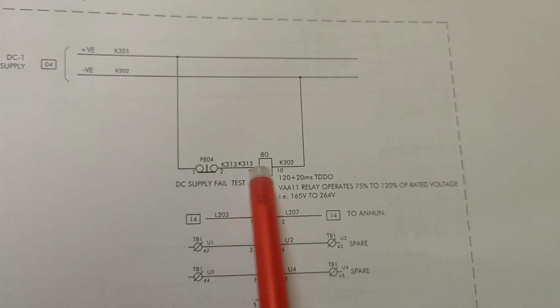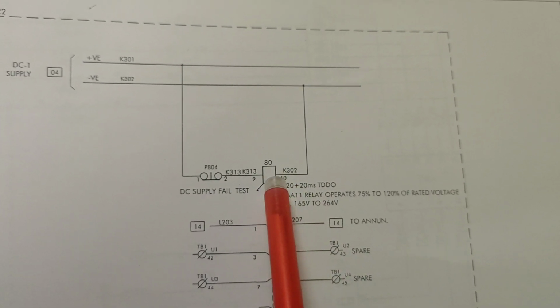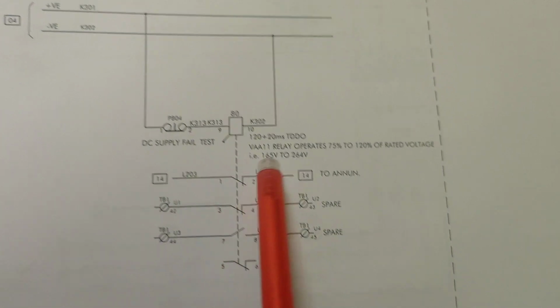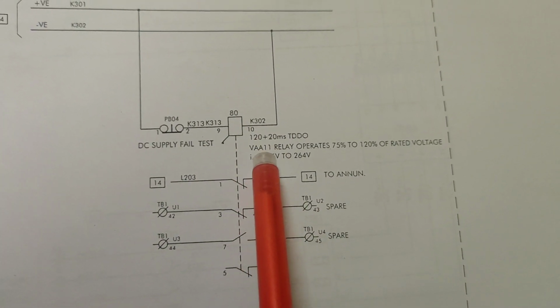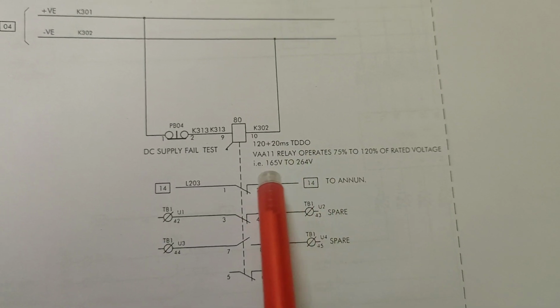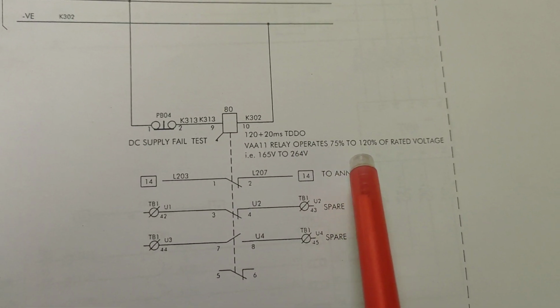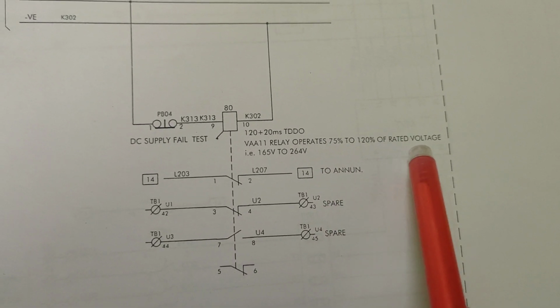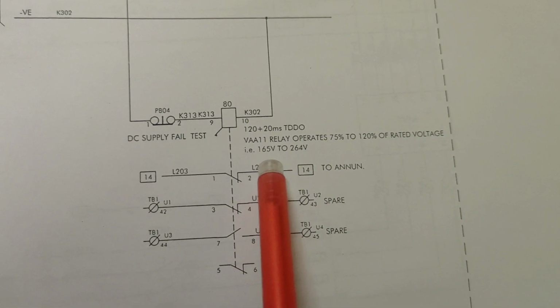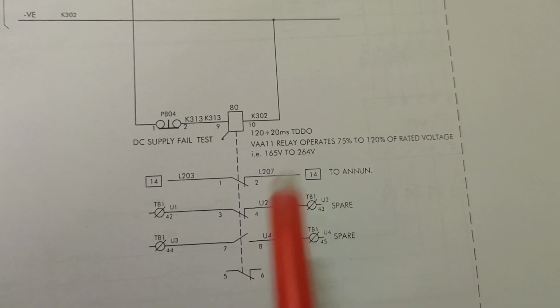If the DC supply is okay, the flag will be reset. This is a 120 plus or minus 20 ms TDDO VAA11 relay which operates at 75% to 120% of rated voltage, that is 165 volt to 264 volt.